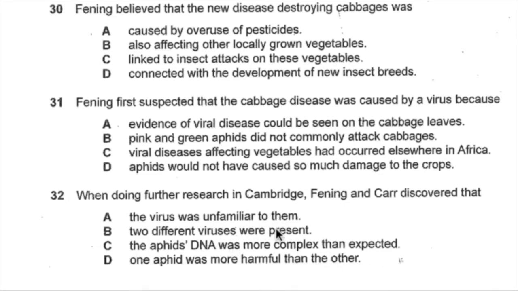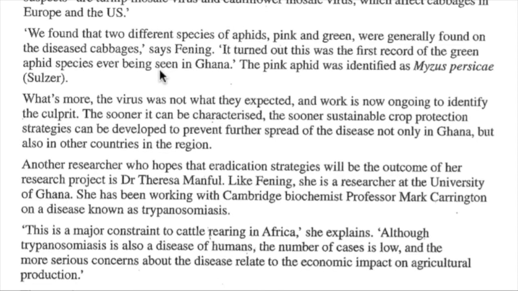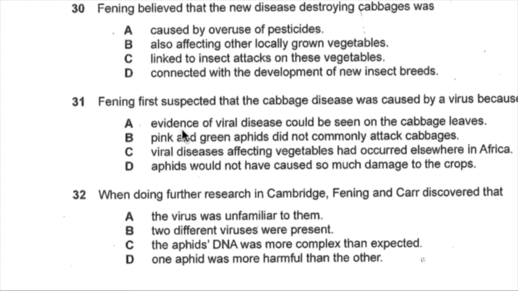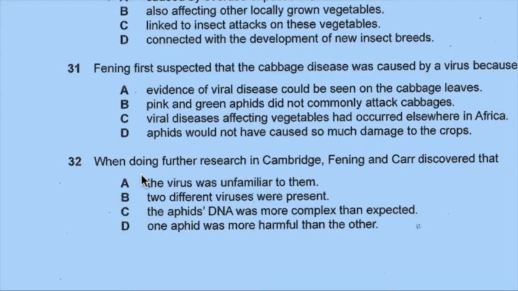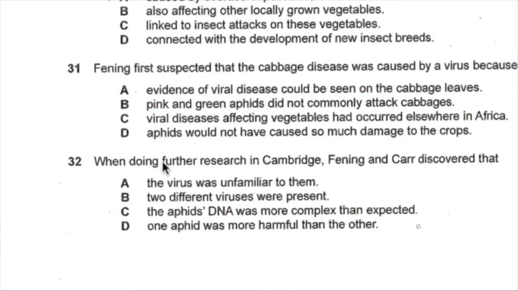Two different viruses were present; the aphid's DNA was more complex than expected; one aphid was more harmful than the other. We found that there were two different species. Two different species, definitely they are mentioning, but the question says further research, so we have to take care of the further research option as well.